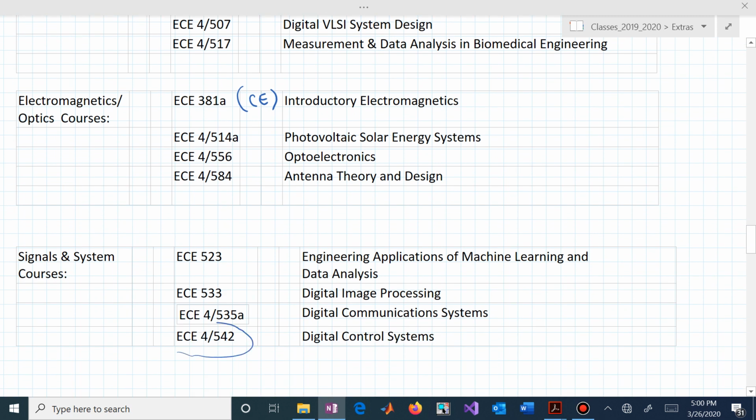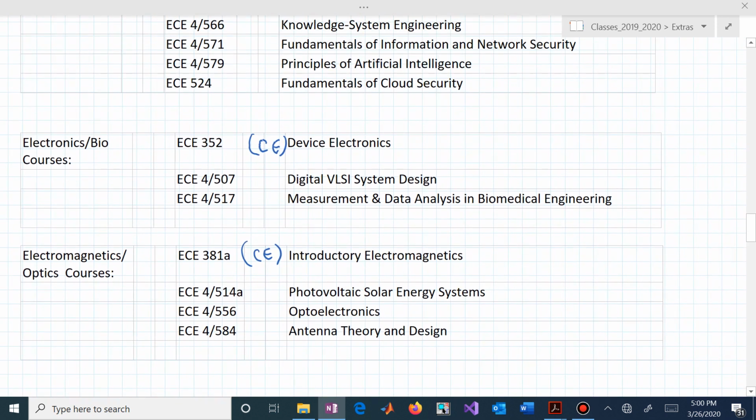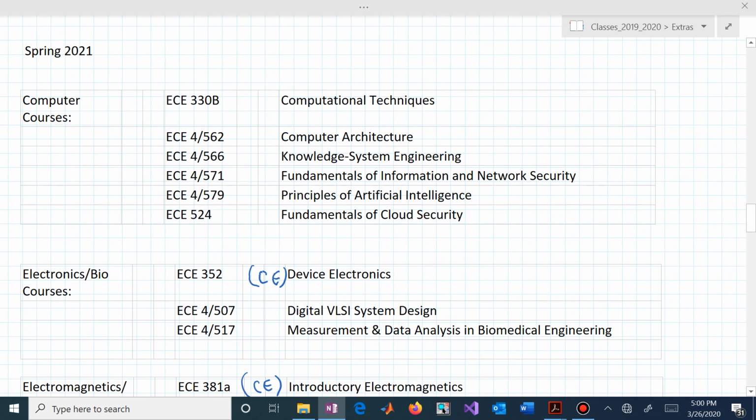For example, 441A it will help you if you take that in front of or before 442, but right now 441A is not a requirement or prerequisite for 442, so you could step into 442 without having taken 441.